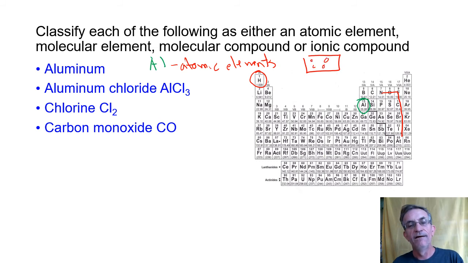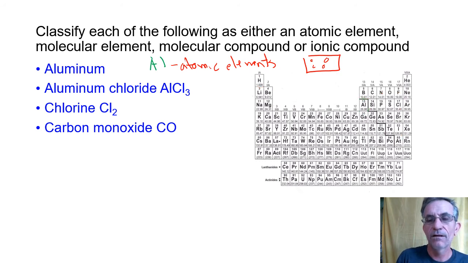Okay. What about aluminum chloride? First off, it's two kinds of atoms put together, and that's a compound. Now, is it a molecular compound or an ionic compound? Well, let's look at where those elements are.